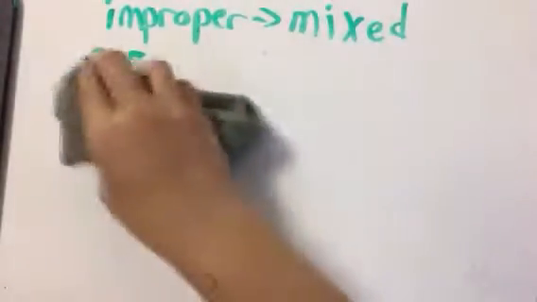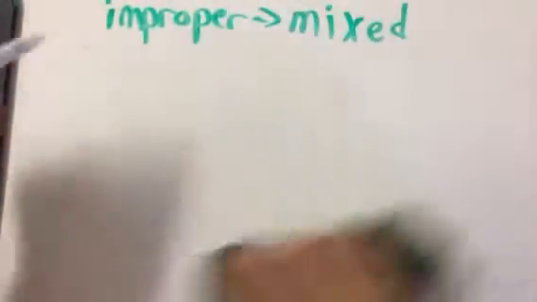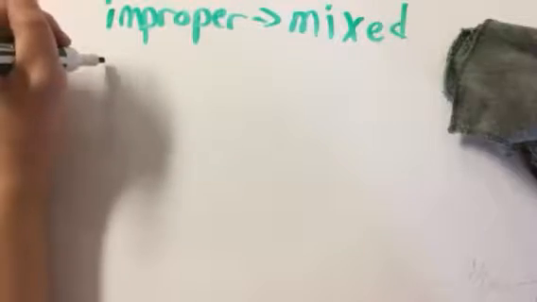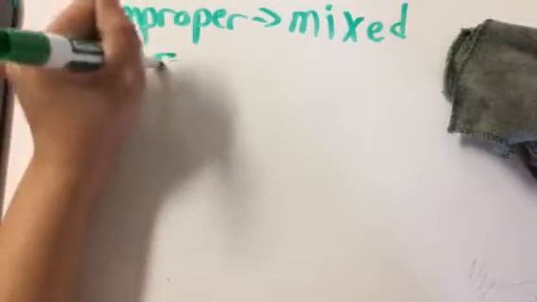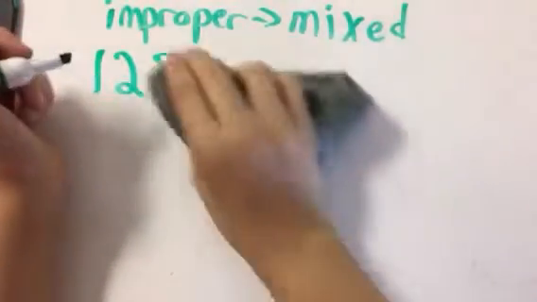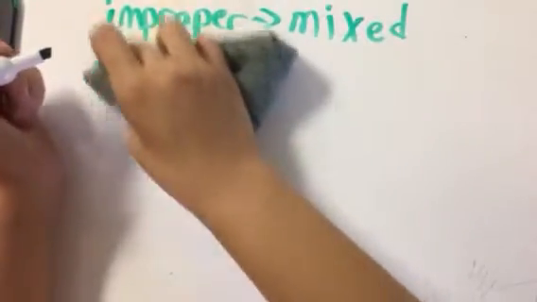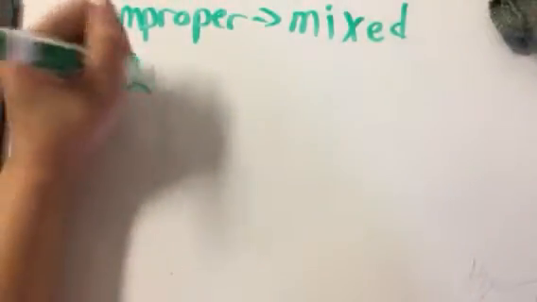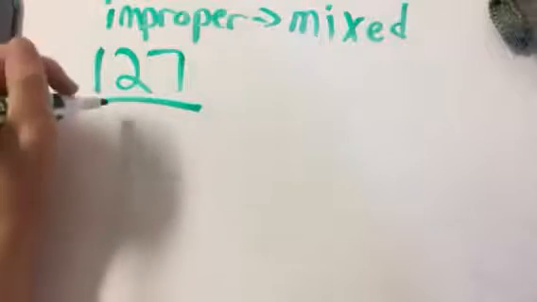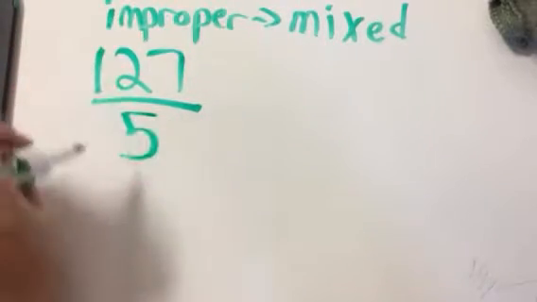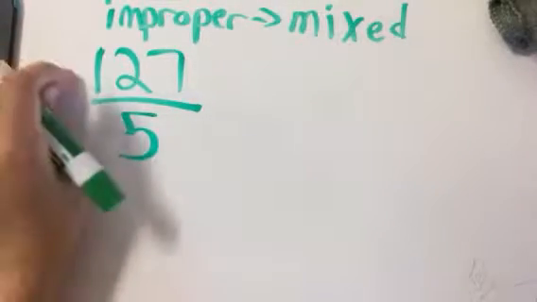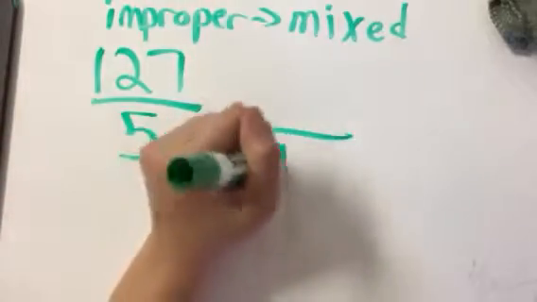Our final question is going to be kind of a big one. I'm going to have 125. No, I'll do 127 divided by, let's do 5. So remember, top in, bottom out.